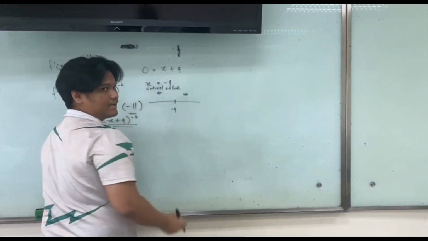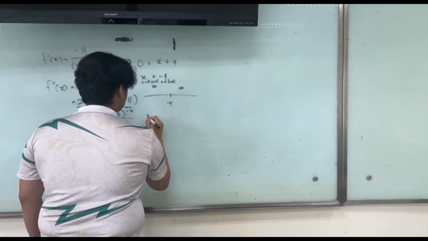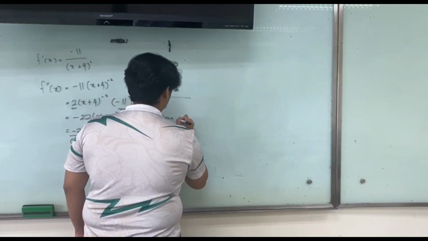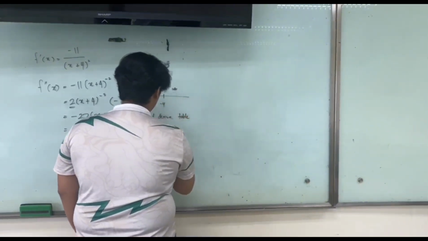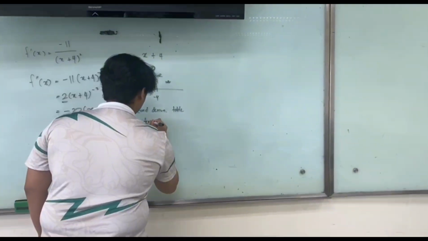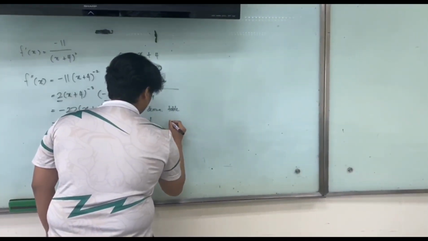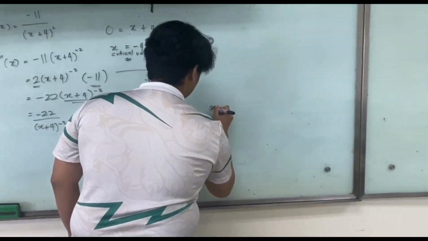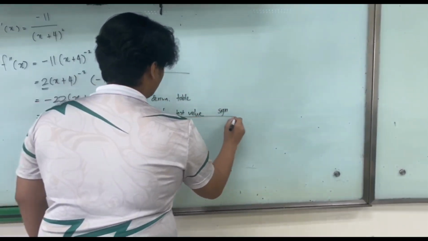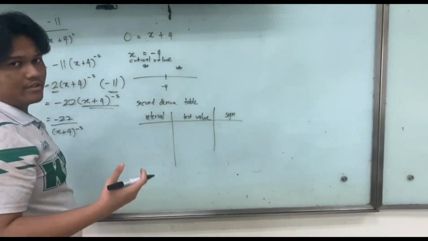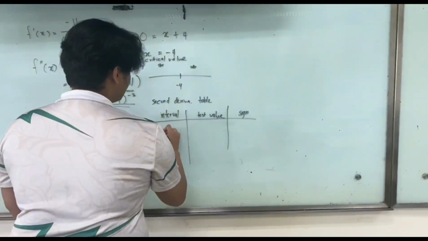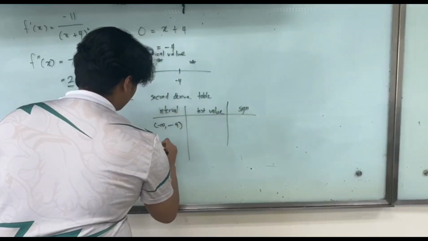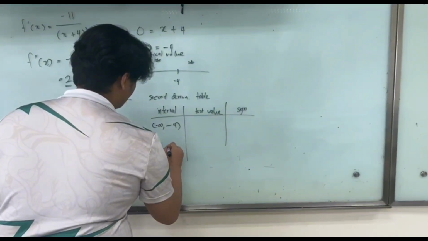Then you make a second derivative table. The table will be the same as for the first derivative, using negative infinity, negative 4, and negative 4, infinity.